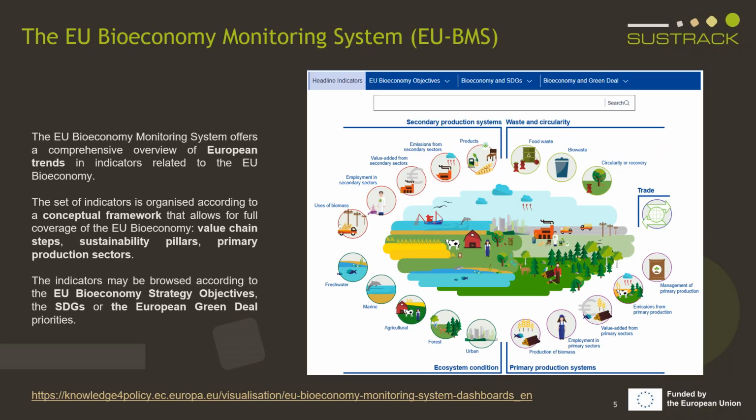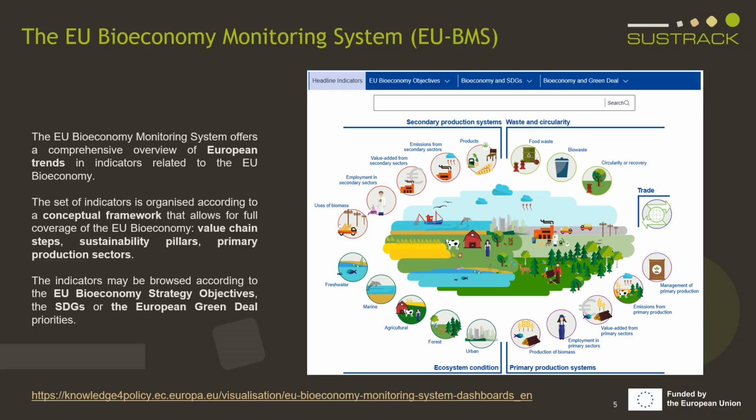In this context, we have to mention the initiative promoted by the European Commission to offer a comprehensive overview of European trends in indicators related to the European bioeconomy. This monitoring framework, which has been developed by the JRC, comprises a set of indicators organized according to a conceptual framework that allows for full coverage of the European bioeconomy, therefore informing on value chain steps, sustainability pillars, and primary production sectors.